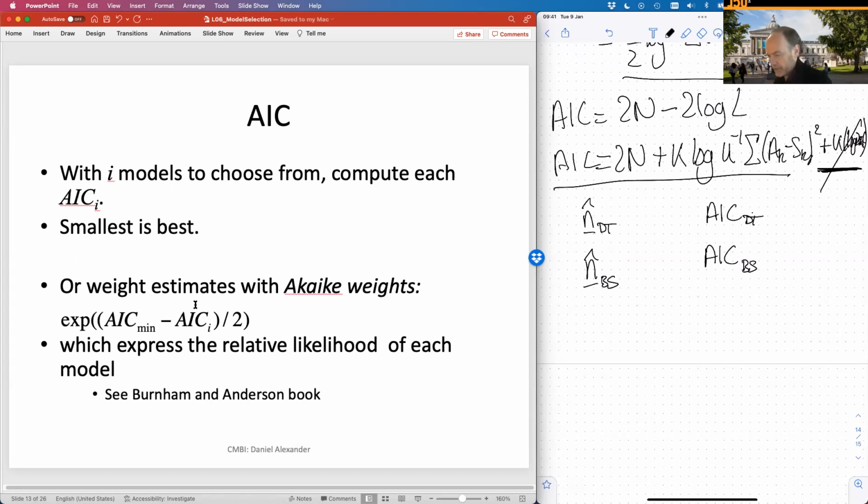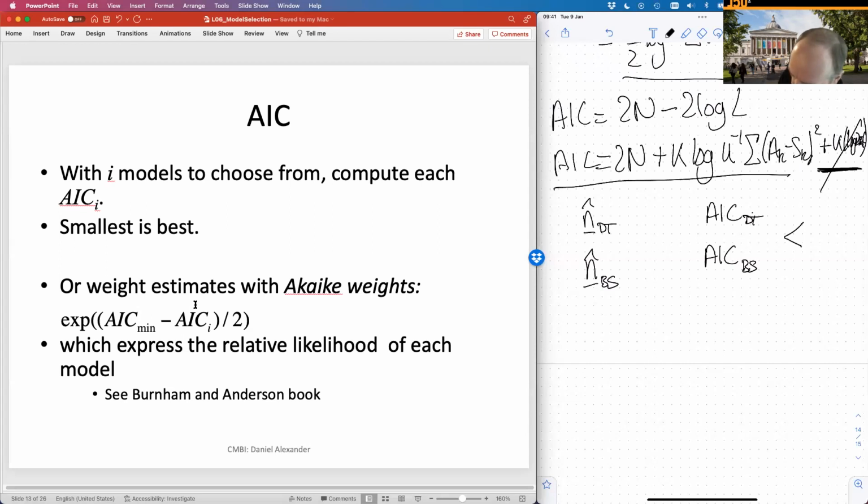So I won't actually write down specific numbers for them, but having got those, let's suppose that the AIC for the diffusion tensor is less than the one for the ball and stick. So I can then calculate these Akaike weights for each of my two models.